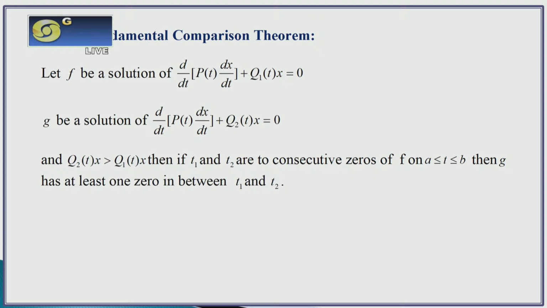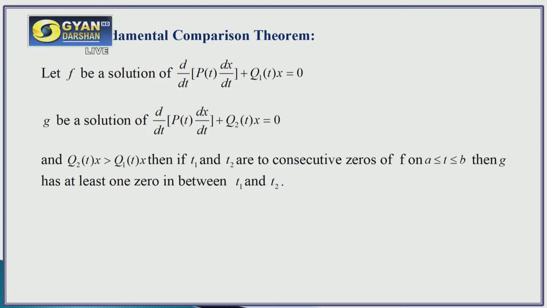Now f is a solution of the first equation and g is a solution of the second equation. We also assume that the coefficient q2 is greater than q1 for all t. If there are two consecutive zeros t1 and t2 of f, then there is at least one zero of g between these two consecutive zeros.